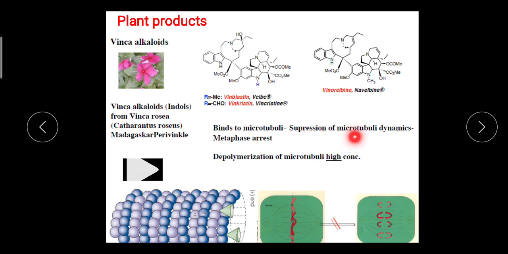It suppresses microtubule dynamics and blocks mitosis at the metaphase stage, and also causes depolymerization of microtubules at high concentration. So the M phase is retarded, that is, the splitting into two daughter cells. This step is blocked by these Vinca alkaloids.